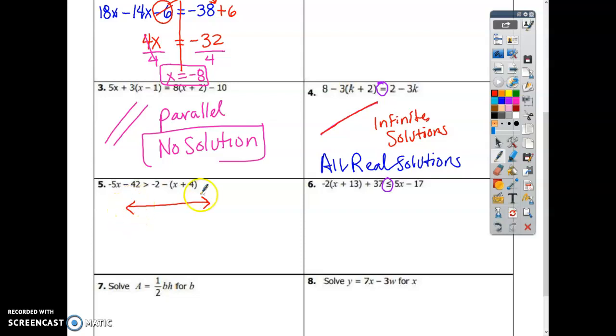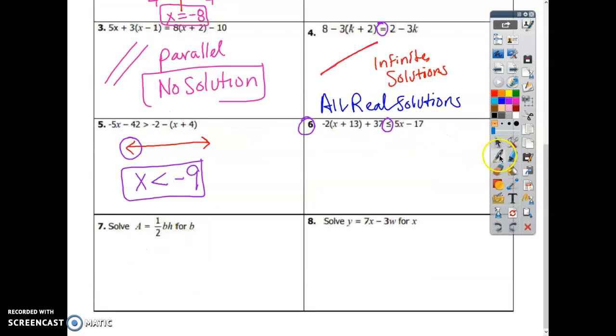This way or this way? It was to the left. So this is the symbol I'm going to use. Was that the symbol I started with? No. That means if you solved by hand, you ended up dividing by a negative, so you had to flip the sign. So this is the symbol that we're going to use. It's going to be x less than -9. I want you to do the same thing for number 6. So pause the video, do number 6, and then I'll do number 7 and 8 with you.